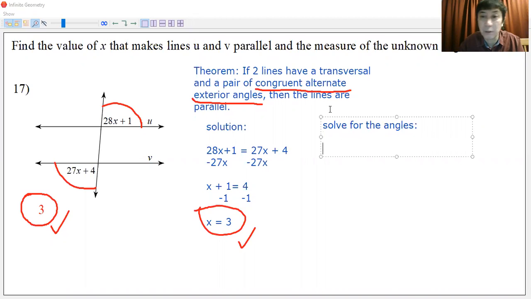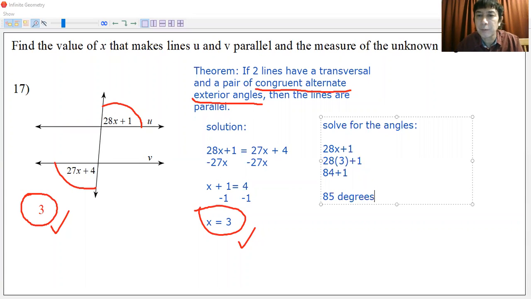We can use now the 28x plus 1. 28x means 28 times the 3, okay? And we have to add 1. All right, how much is that? 24 and a carry 2, that's 84, okay? 84 plus 1 means 85 degrees. All right, that will be our first value.